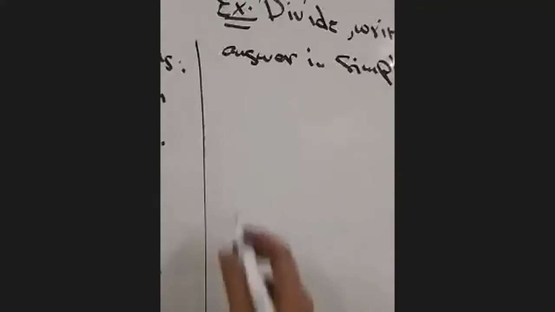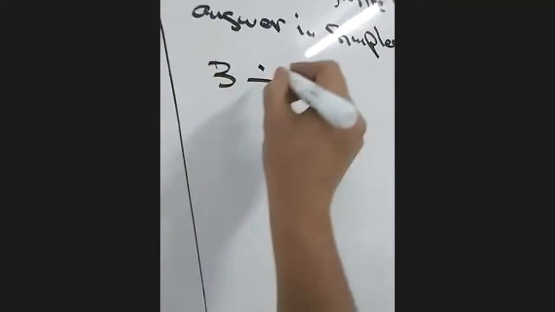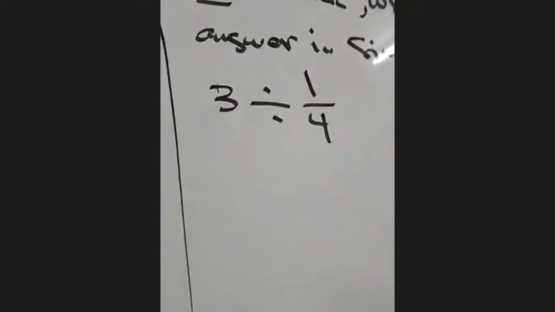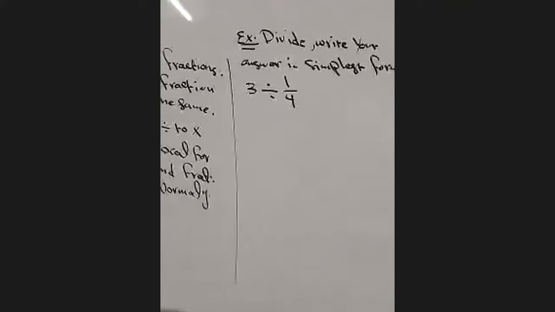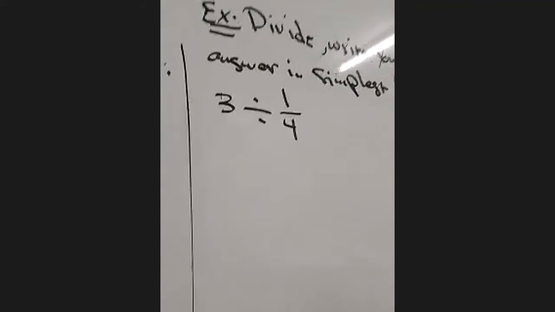For example, if I want to divide 3 divided by 1 over 4. Focus here, guys, please. Now, how do we divide 3 divided by 1 over 4? Not multiply, okay?